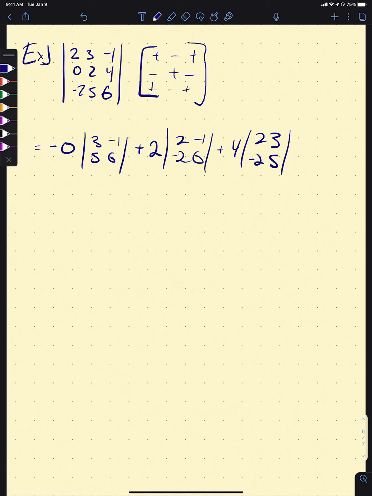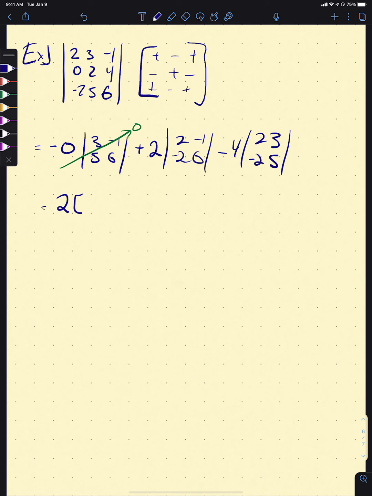But here's the nice thing about choosing to expand on this row: this 0 right here is just going to cancel out all of that, right? So that means we have less to work with computationally.